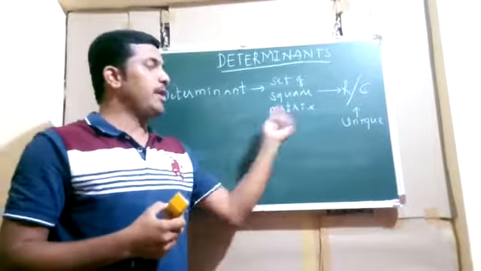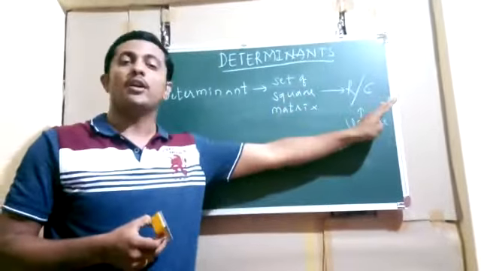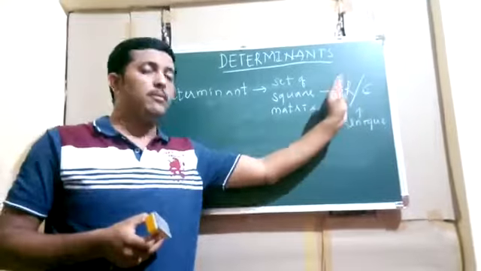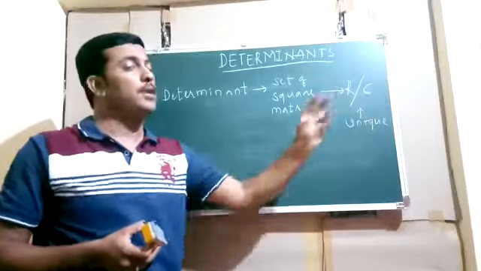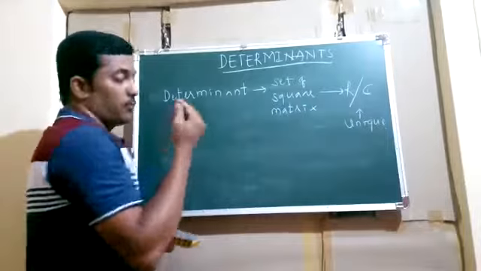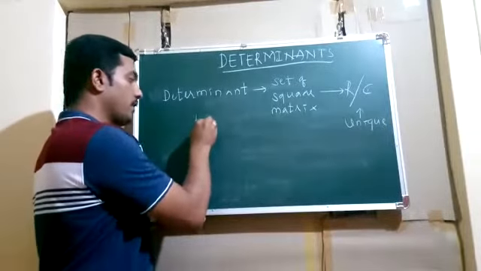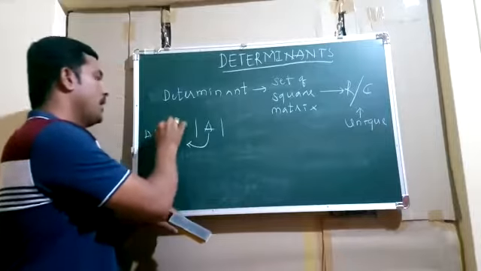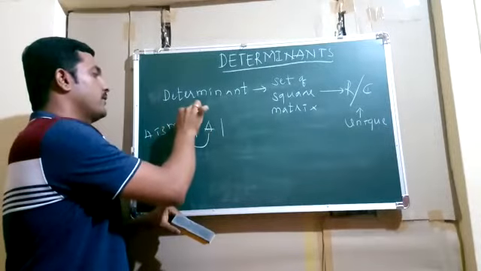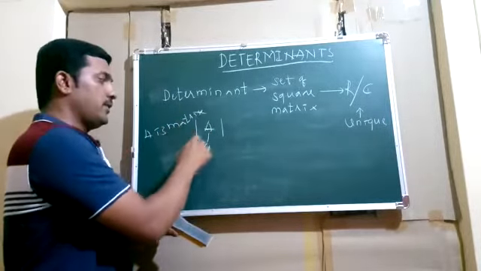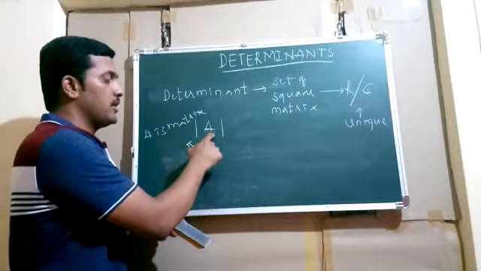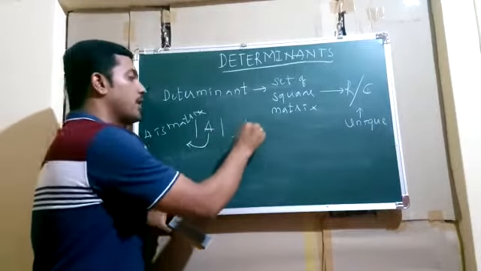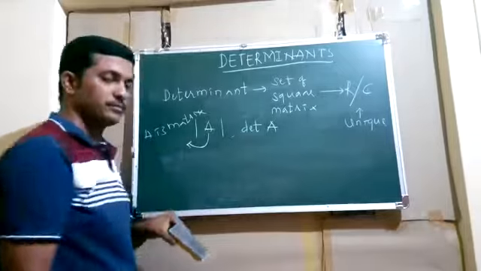Moreover, the determinant is denoted like this. If A is a matrix, then the determinant is denoted by D in this form or det of A. It's not a modulus, remember this one thing, it's not a modulus, it's the determinant of A, where A is a matrix.